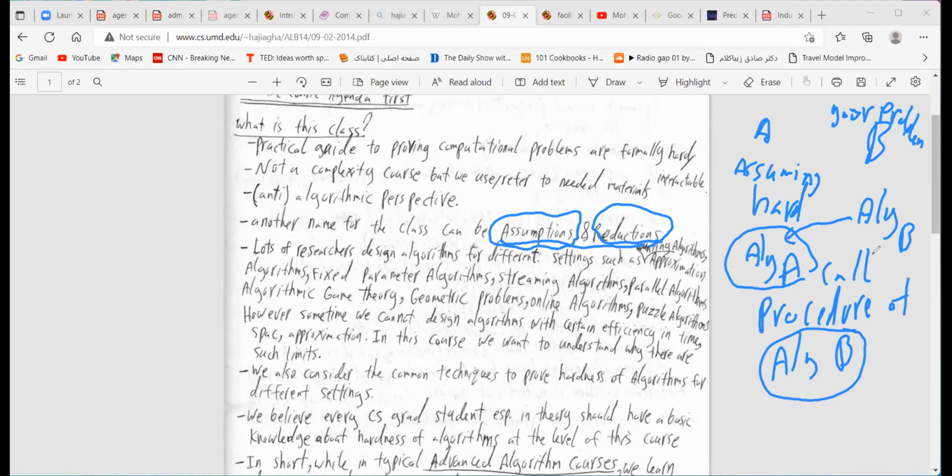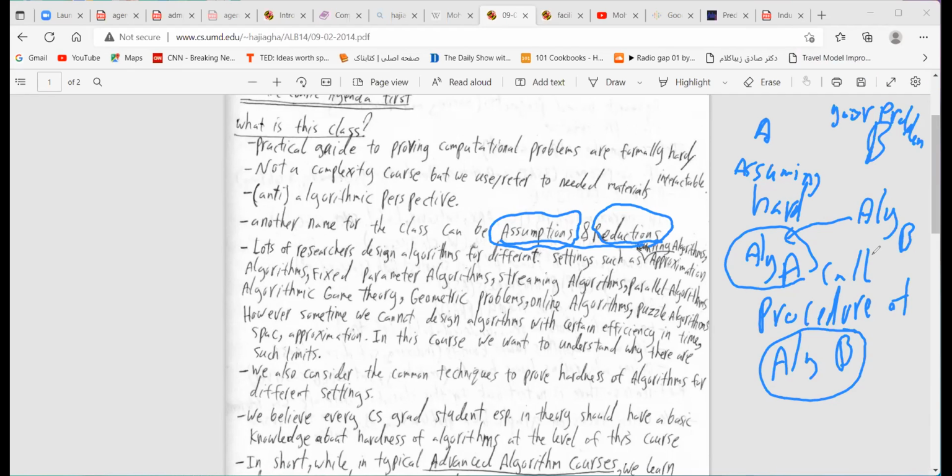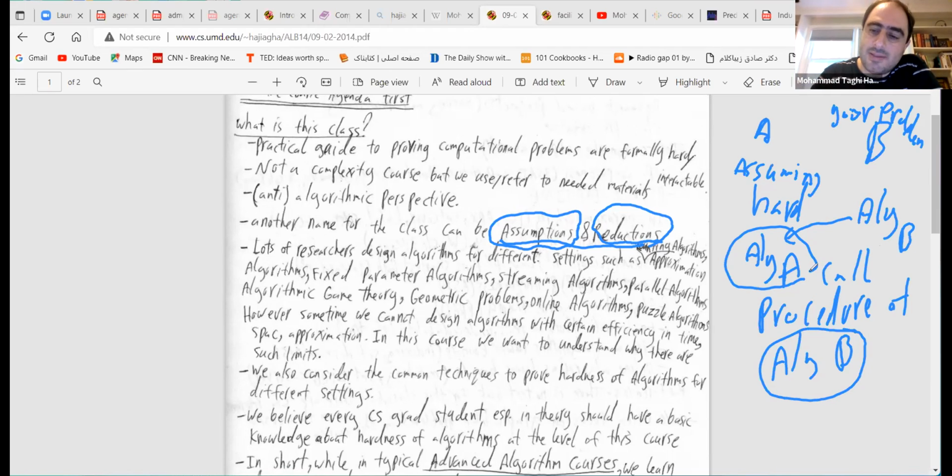Yes. What kind of reductions will we be using? That's exactly what you will see more in this class. It will be different for different topics. This is the type of program that you need to write for algorithm A using a procedure for algorithm B. There might be some restrictions, because you want to say that under this context, you cannot do better.